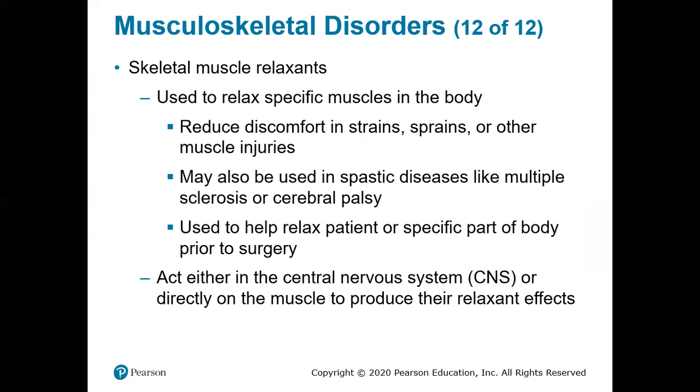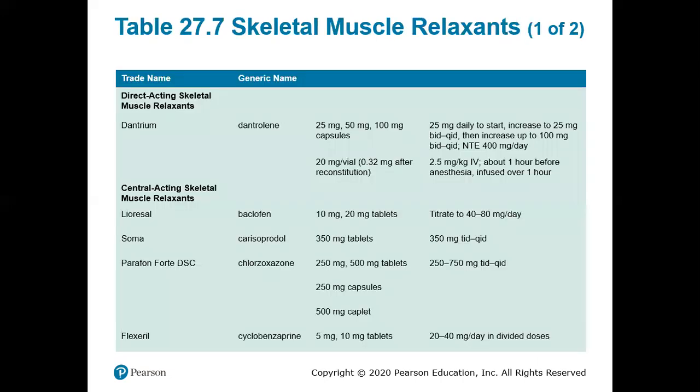They reduce discomfort in strains, sprains, and other muscle injuries. May also be used in spastic diseases like multiple sclerosis or cerebral palsy. They're used to help relax a patient or specific part of the body prior to surgery. They act either in the central nervous system or directly on the muscle to produce their relaxant effects.